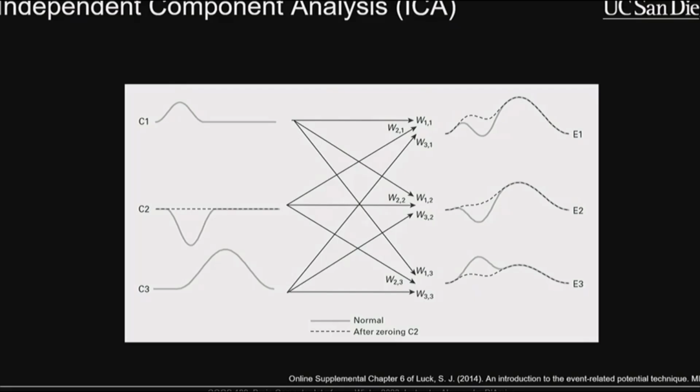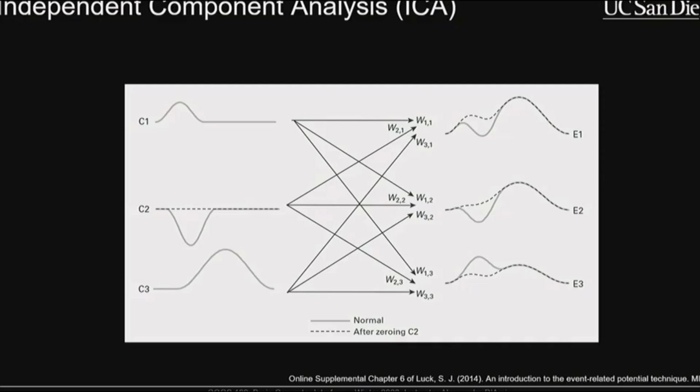In E2 there's less of a positive peak. In E3 there's a later positive peak. So even though we're taking this summed information across all channels, every channel does have some small unique variations that give us additional dimensionality to unmix our signals.